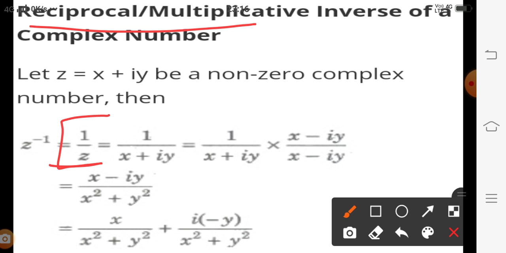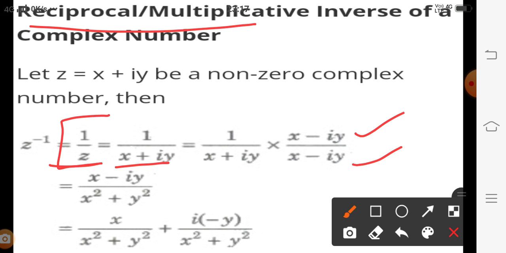If you are putting the value of z, then you are getting the complex number in the denominator, and we are going to multiply and divide this value by the conjugate of x plus iy. Then we are multiplying and dividing by x minus iy.